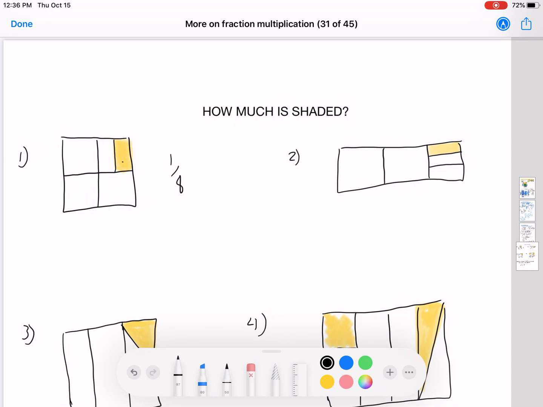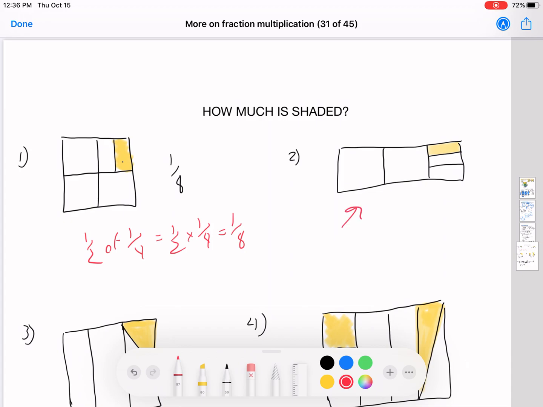Now, if I were to look here, this is 1/4 of the square. And we can see this is 1/2 of that piece. So we have shaded 1/2 of 1/4, which is the same thing as 1/2 times 1/4, which is 1/8 when we multiply tops and bottoms.